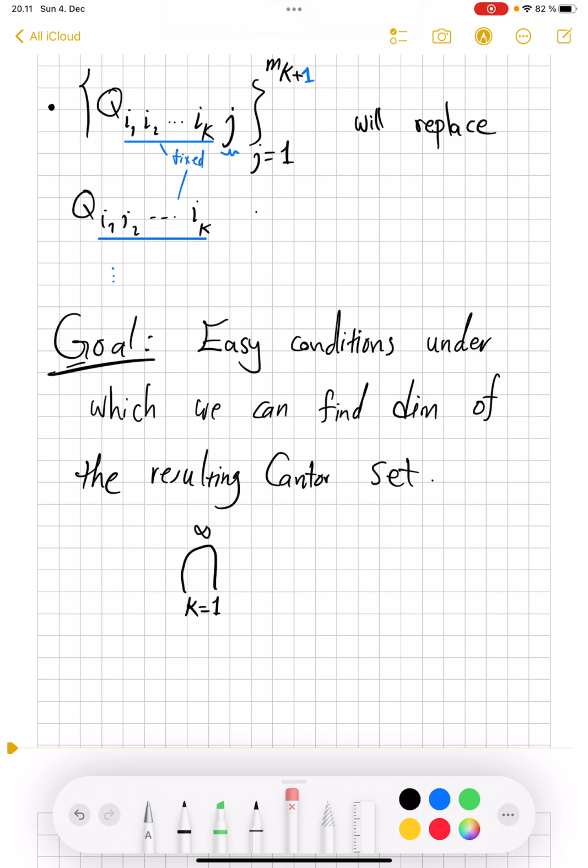I must say, all Q at level k. So this will be everything at level k, and then because we have nestedness, we take the intersection of all of them, and that will be the Cantor set that we will have ultimately, which is non-empty because it's the intersection of a nested sequence of non-empty Cantor sets.